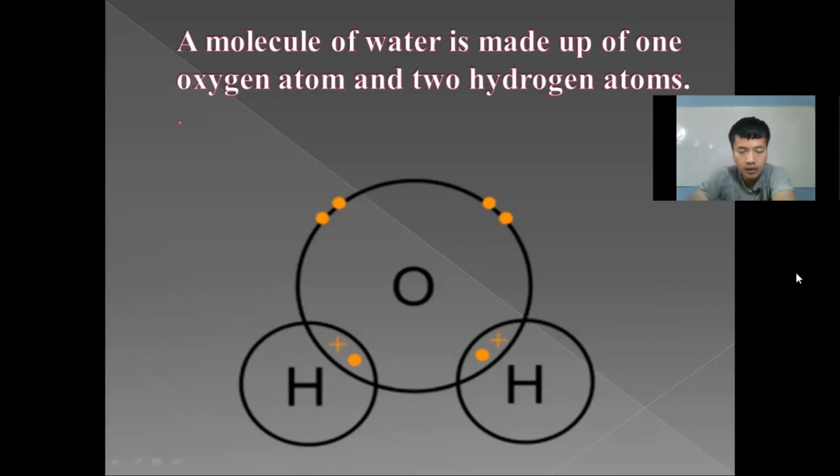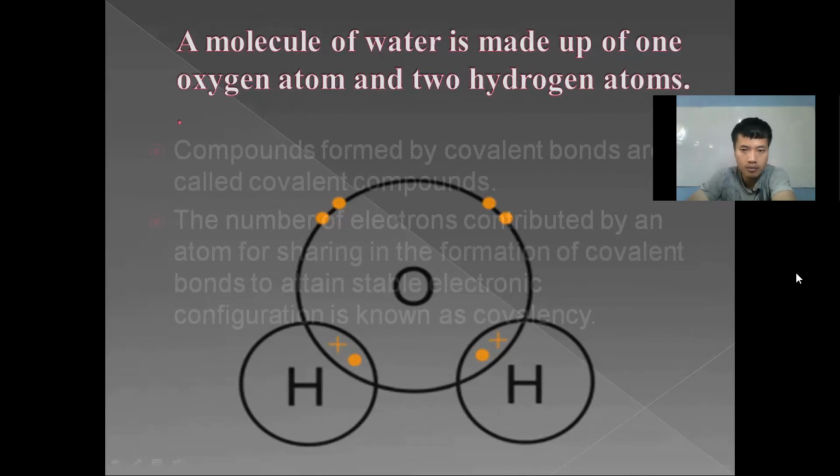And hydrogen, we know, has valency 1 and needs 1 more electron in order to be stable. So when 2 hydrogens come together and form a bond with oxygen, oxygen shares 1 electron with 1 hydrogen atom and another electron with another hydrogen atom, thereby becoming stable. This type of bond formed by 2 atoms of hydrogen and oxygen is also a covalent bond.